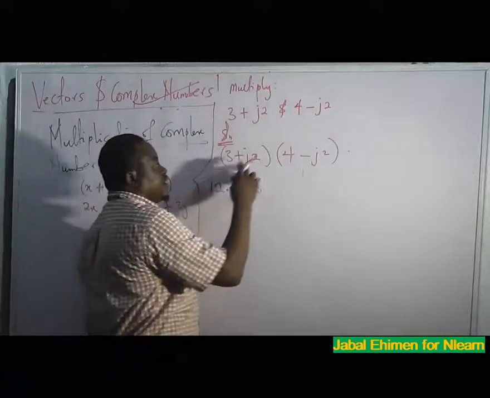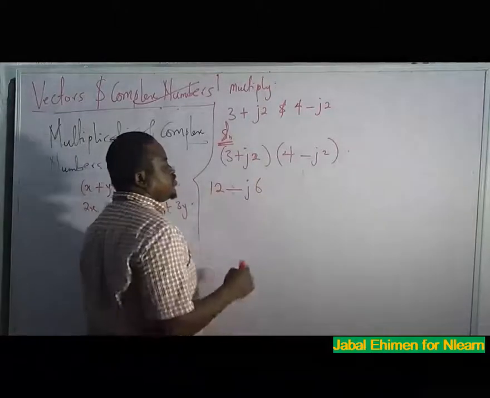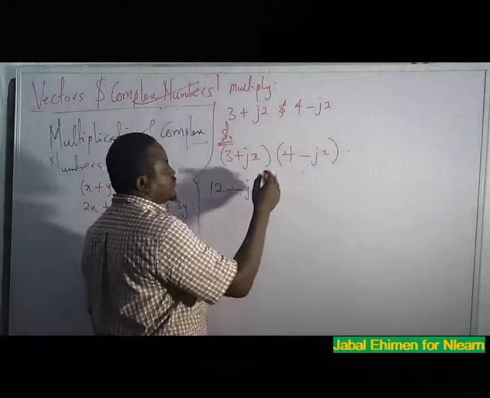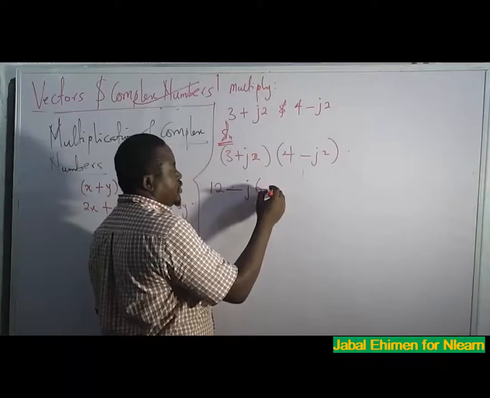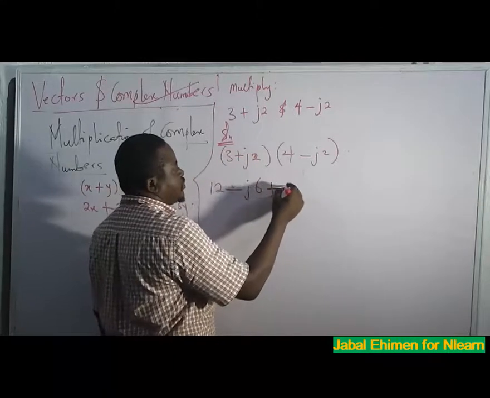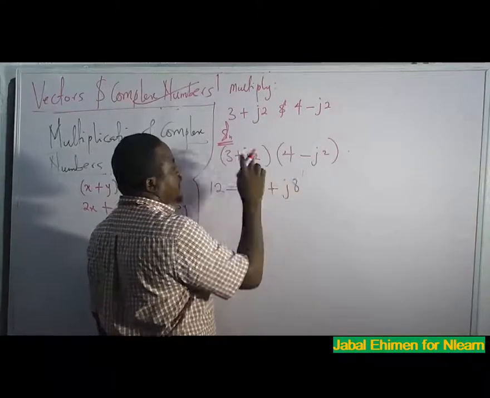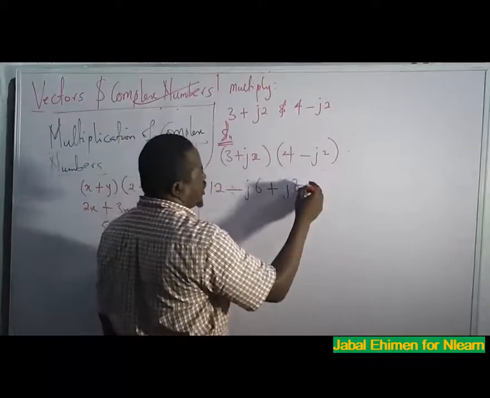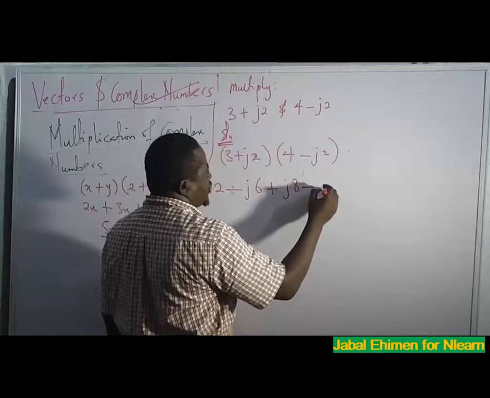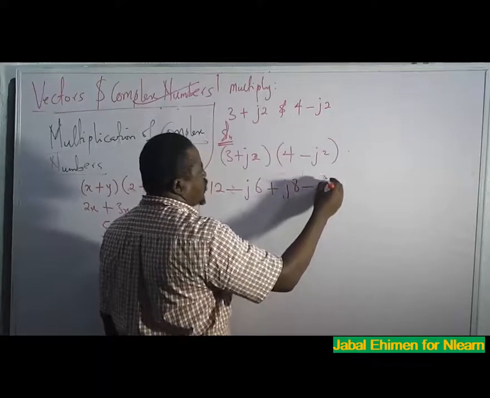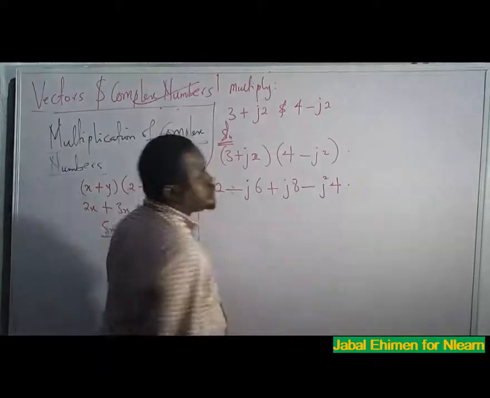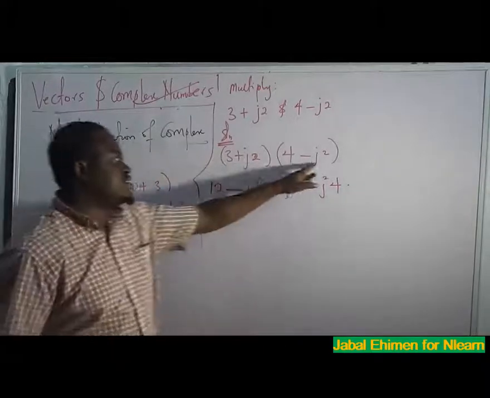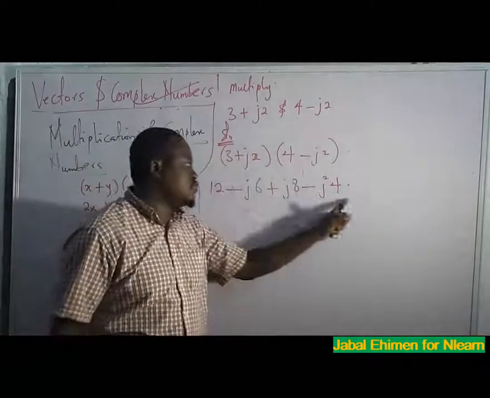So from here, 4 times J2 will give us plus J8. And the last one is J2 times J2. That will give us minus J squared 4, because the J times the J will give us a square, 2 times 2 will give us 4.